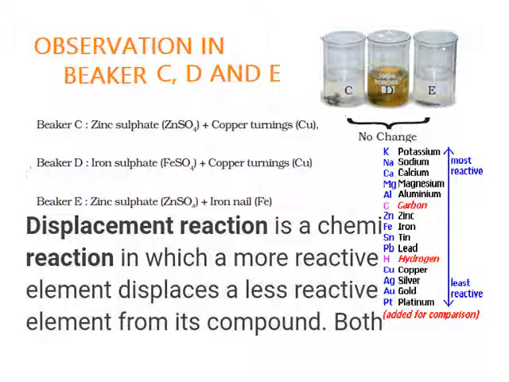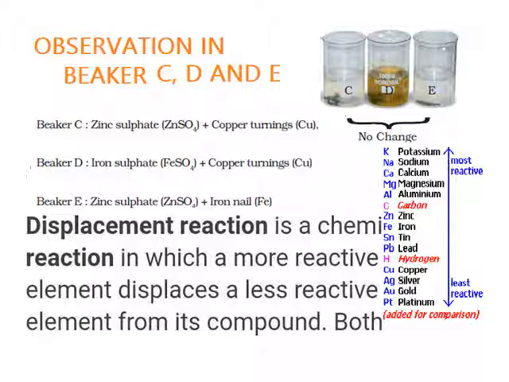In beaker E, zinc sulfate and iron nail. So zinc and iron, when you compare, zinc comes first, iron comes next. So iron is less reactive than zinc. Therefore, here also a reaction is not taking place.